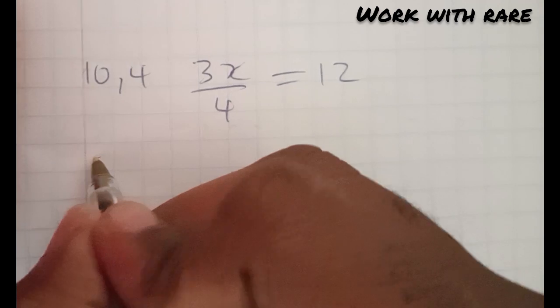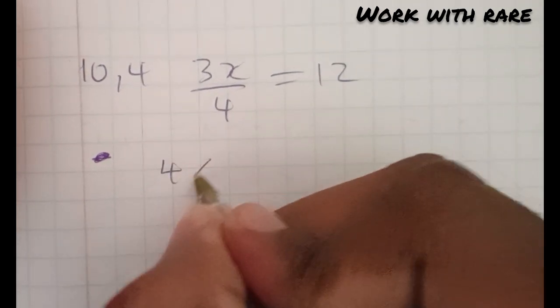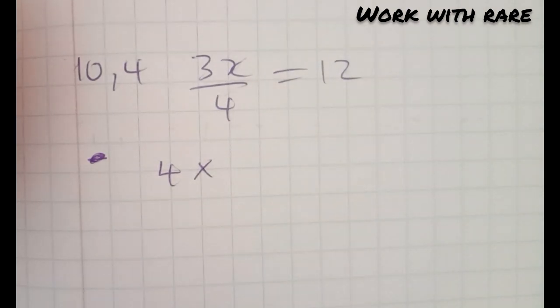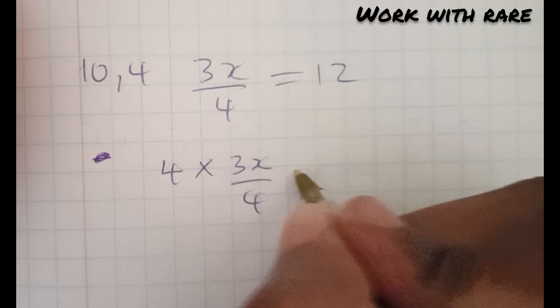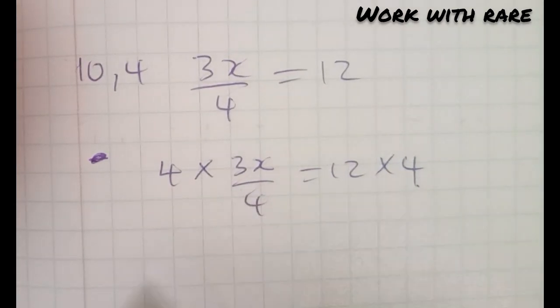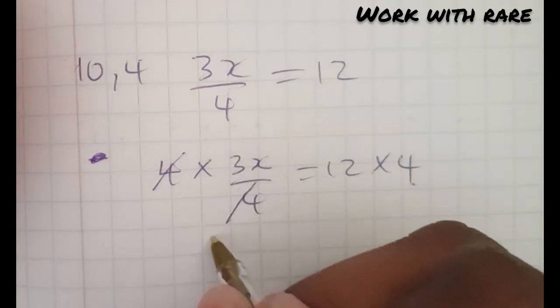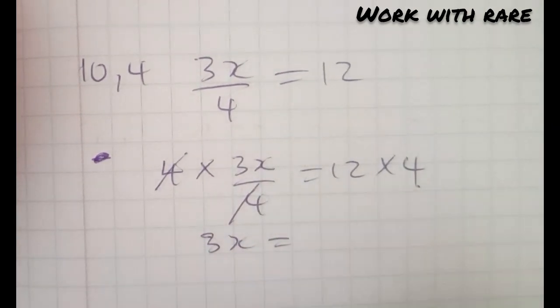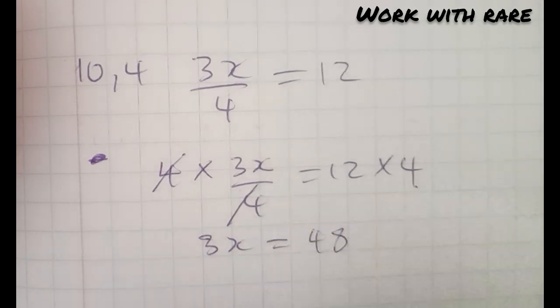So let me write it here. I'll say 4 multiplied by 3x over 4, 12 multiplied by 4, because we want to break this 4, so they will cancel each other, but here will remain with 3x, but here will remain with 12 multiplied by 4, which is 48.